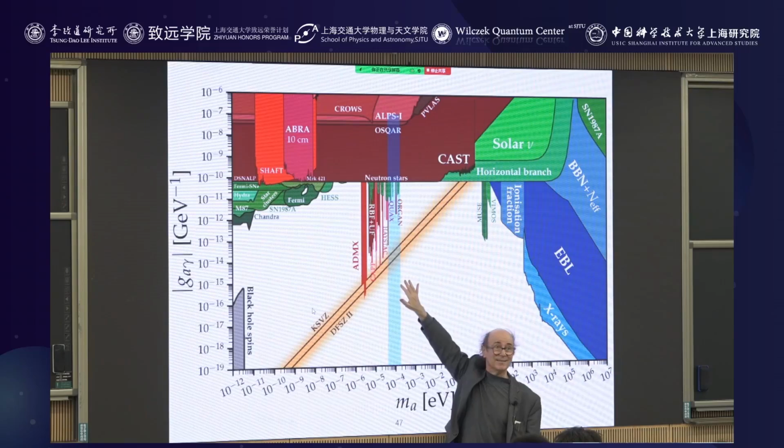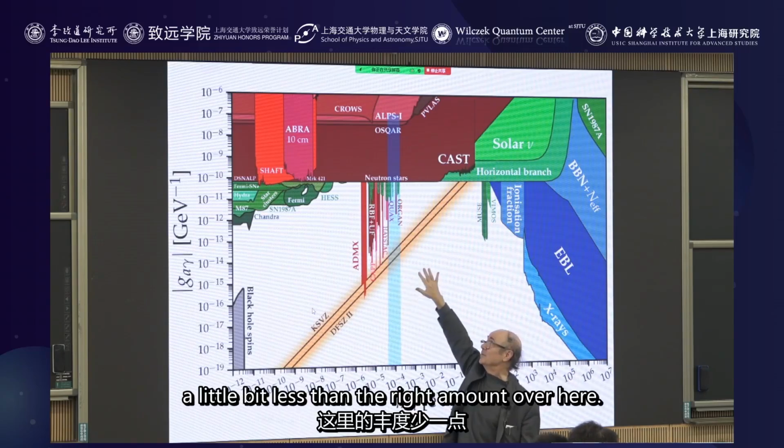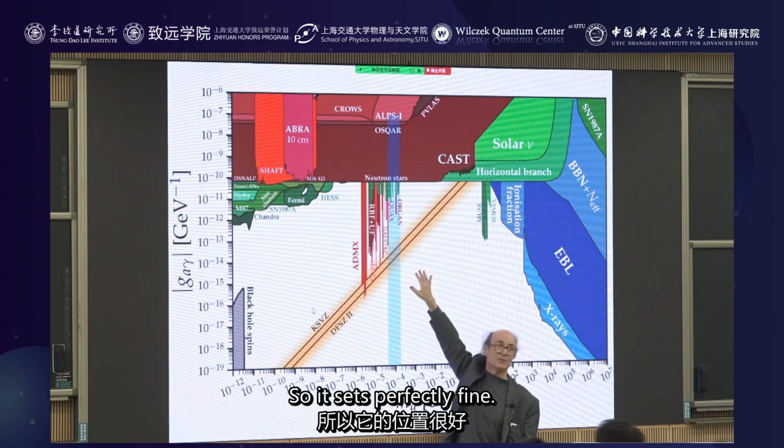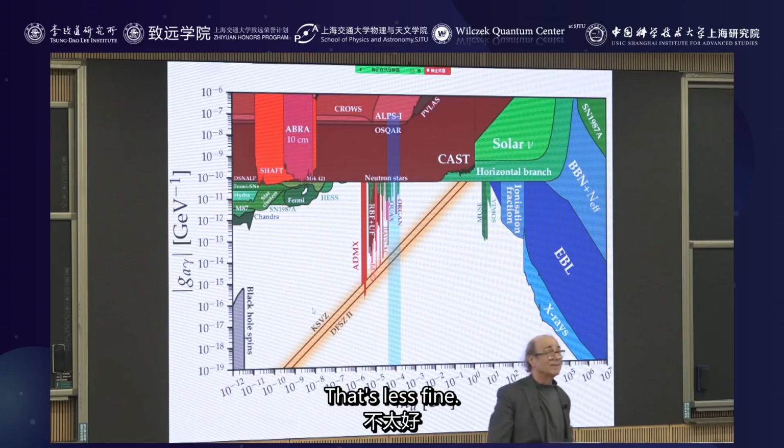So this is where you get exactly the right amount. You get a little bit less than the right amount over here, so that's perfectly fine. You get more over here, that's less fine.